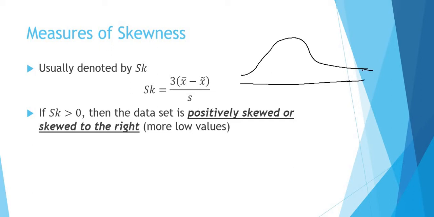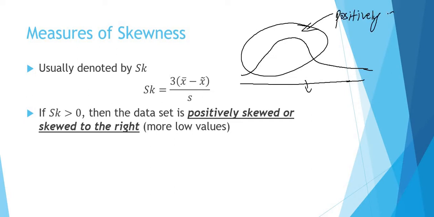It's a combination of so many small bar graphs. If this is the center of our data set, it's more lumped on the left side. So our skewness is greater than 0, and we call this positively skewed, or skewed to the right, because it's the right side that has the tail.